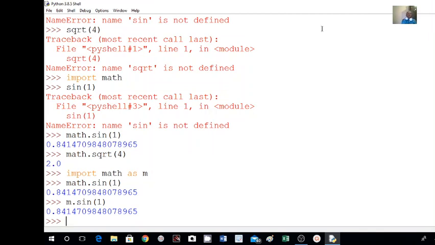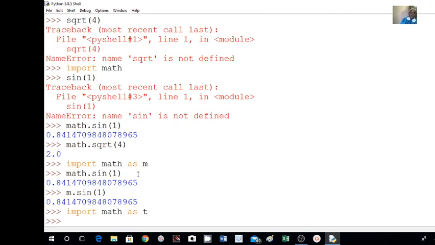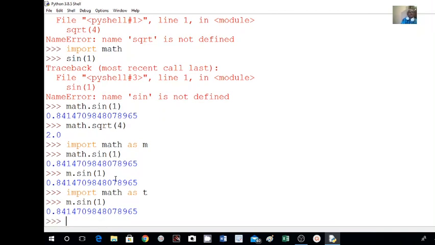Or anything you can change here. Suppose I write import math as say t. Okay, enter. Then math dot sine is working. Let me try now, m dot sine of 1, enter. This is working.